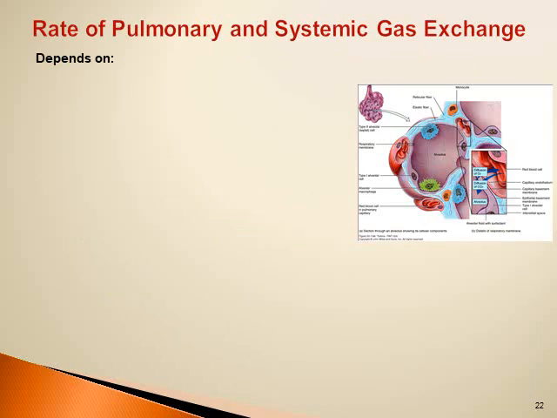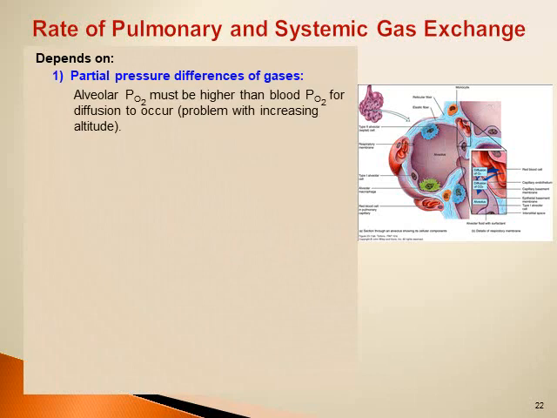The rate of pulmonary and systemic gas exchange depends on several factors. Number one, the partial pressure differences of gases. Alveolar oxygen partial pressure must be higher than that of blood for diffusion to occur.